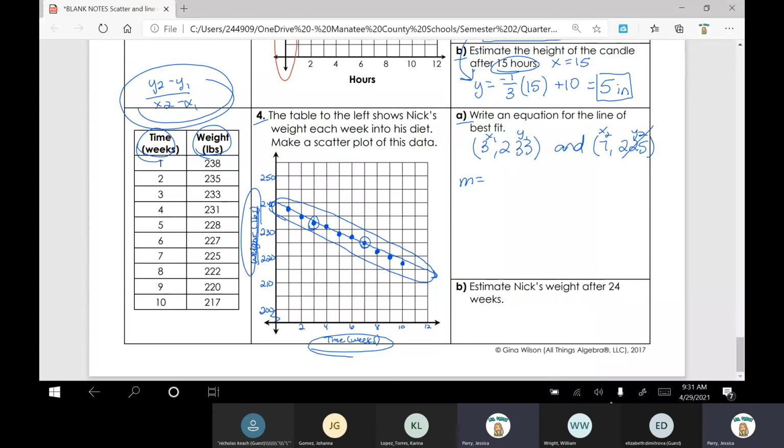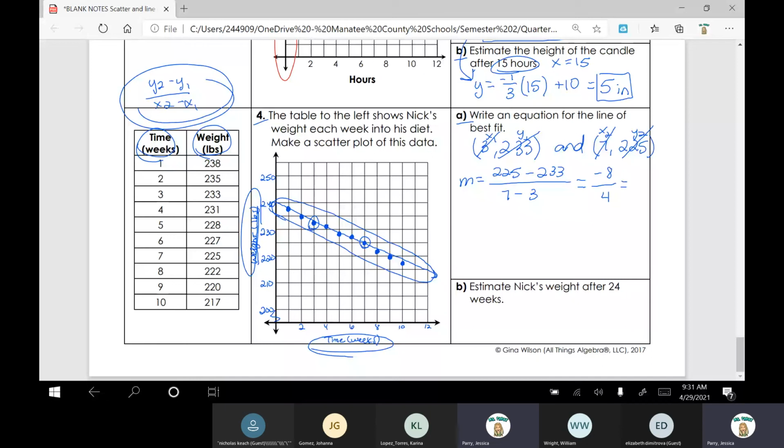So my y2 is 225 minus y1, which is 233, all over x2 is 7 minus x1 is 3. And then we can simplify. 225 minus 233, we get negative 8 over, and then 7 minus 3 is 4.